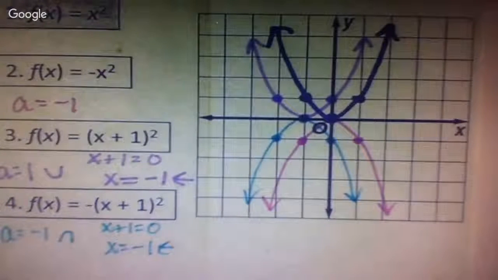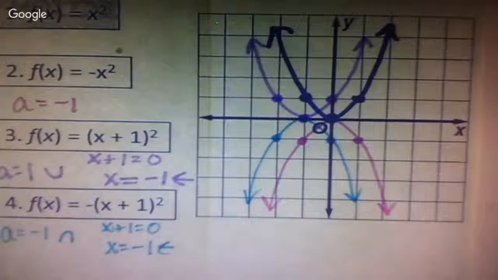Okay, worst comes to worst, if you can't look at this and identify how the graph moves, come testing time, plug it in your calculator and see how it moves. In other words, let's say I give you the equation y equals (x plus 3) squared minus 4.